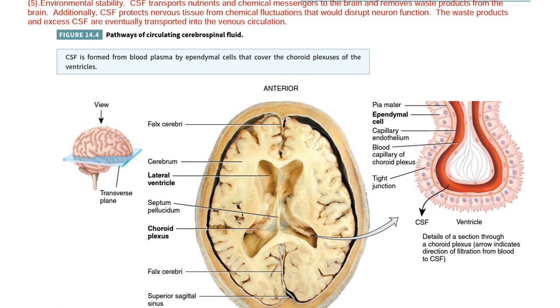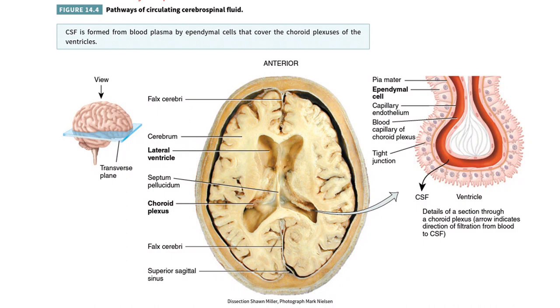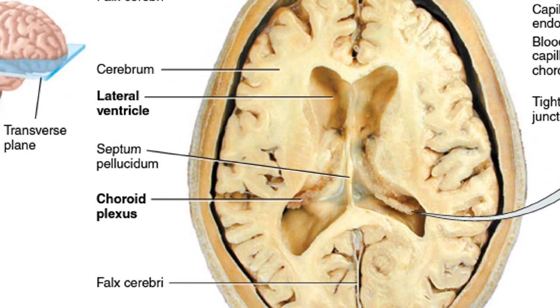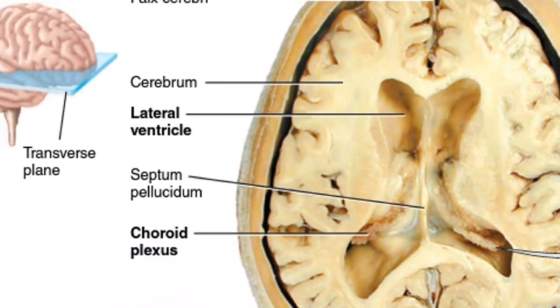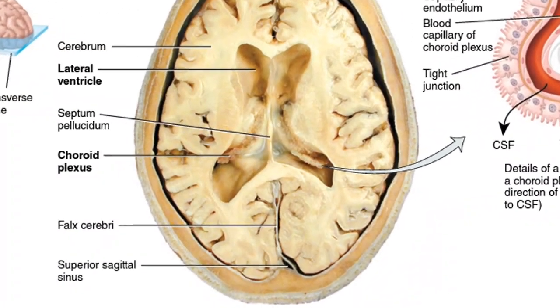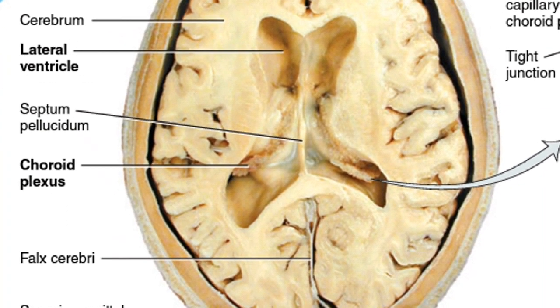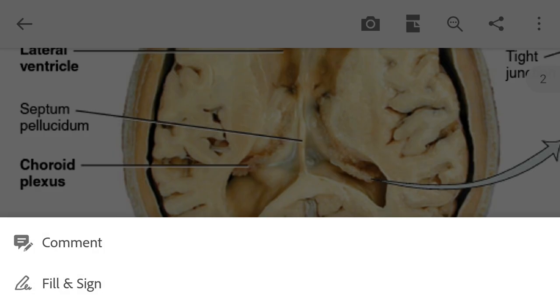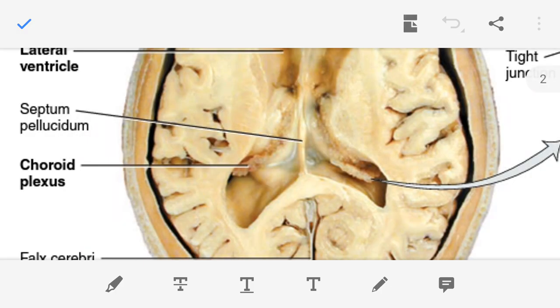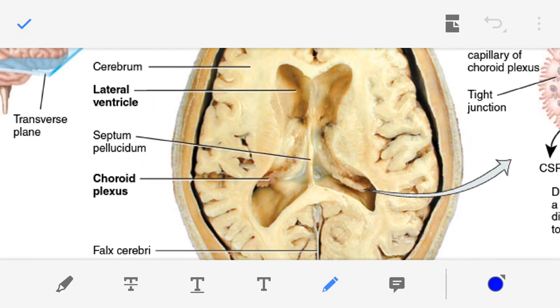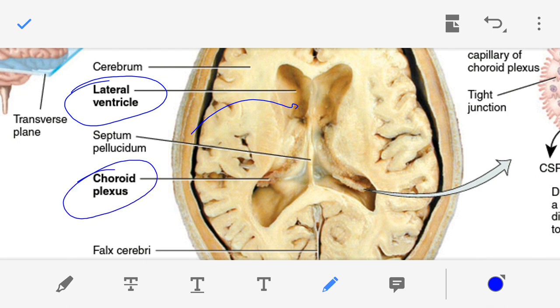For example, in this figure, see, this is the lateral ventricle. Now let me zoom this. So see, they are showing the lateral ventricle. This is the lateral ventricle, and in that, this choroid plexus is present.